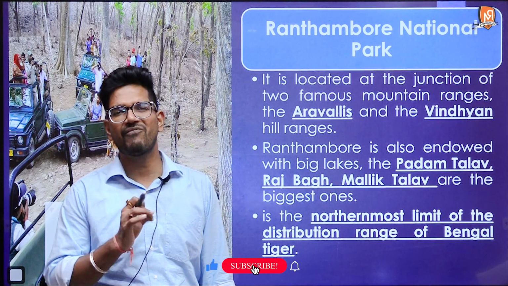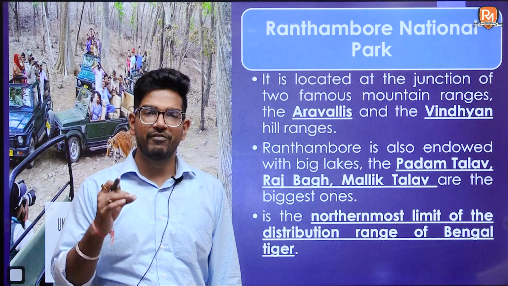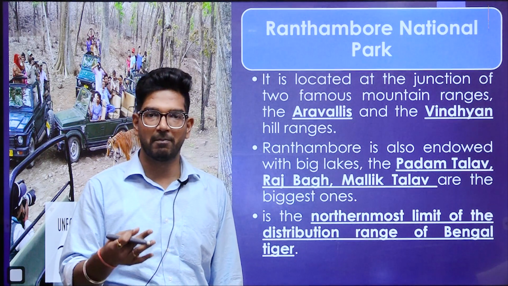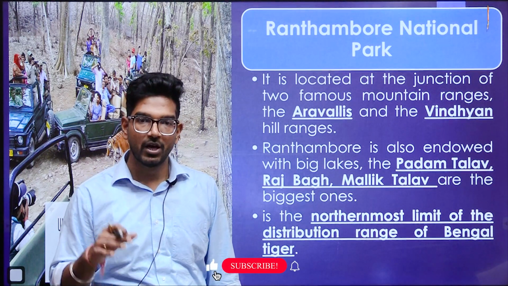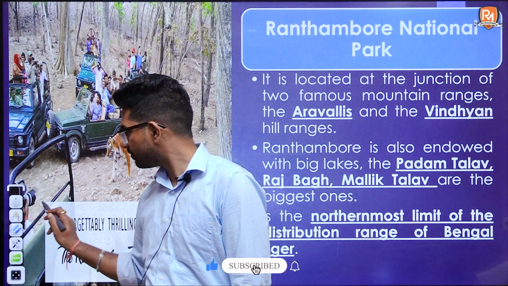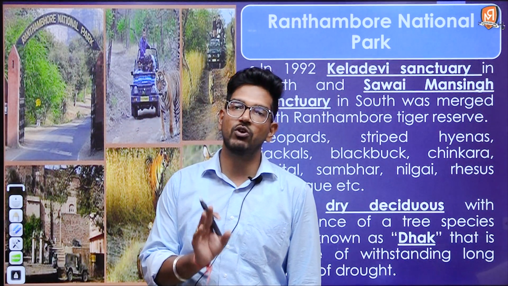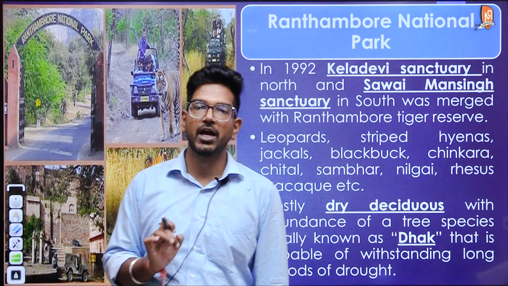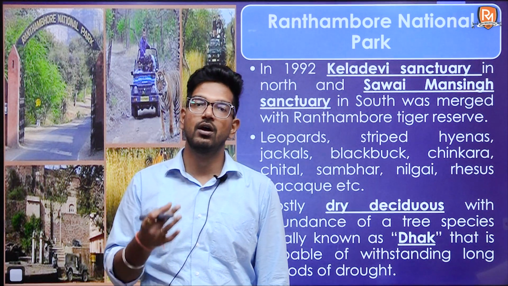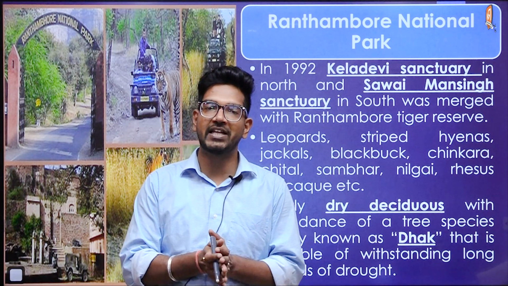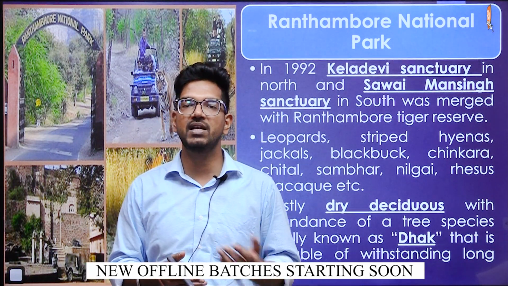Tigers can be found in other parks also, and we have introduced them in other parts, but this is the actual northernmost limit of the Bengal tiger. You have to remember that till 1992 there was no Ranthambore National Park. There were the Kela Devi Sanctuary and Sawai Man Singh Sanctuary, which were merged in 1992 to form Ranthambore Tiger Reserve, and later it became a national park.